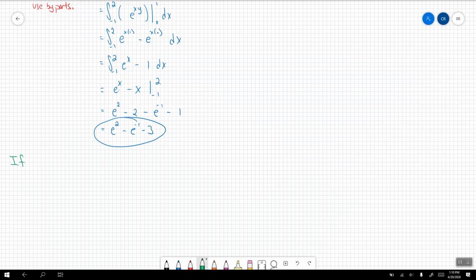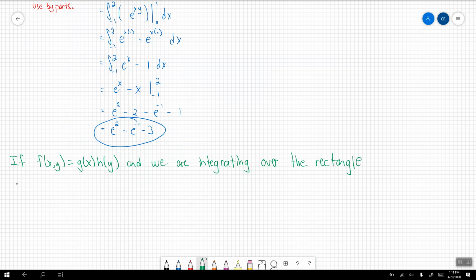So if your function f of xy can be split into two different functions where each function contains their own separate variables, and we are integrating over the rectangle R, which goes from A to B, and then cross C to D.